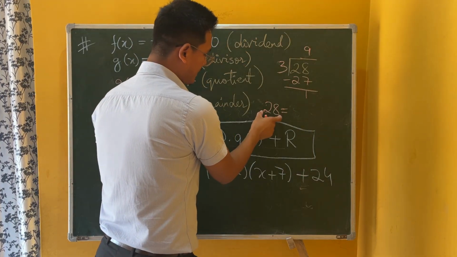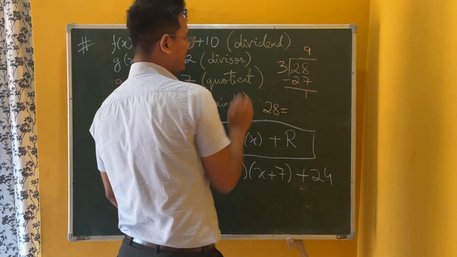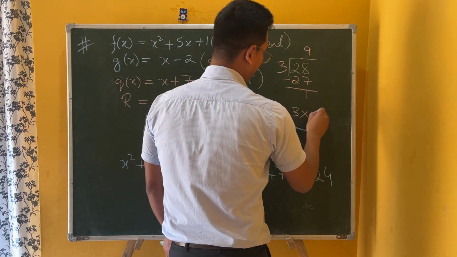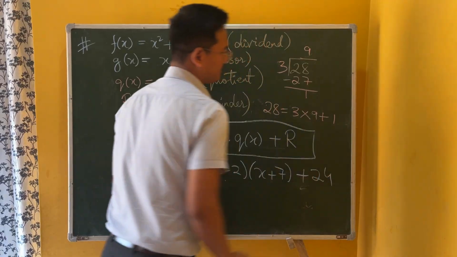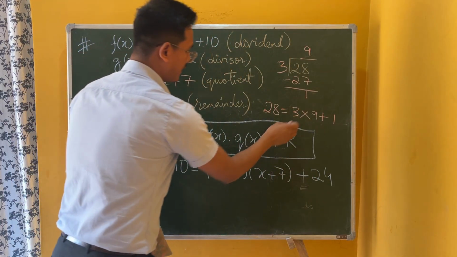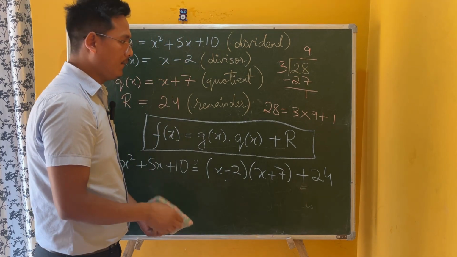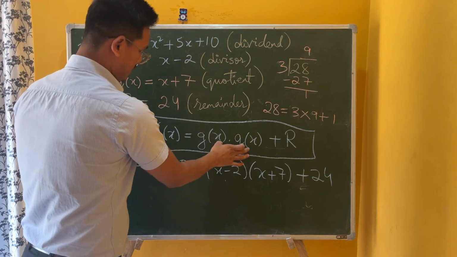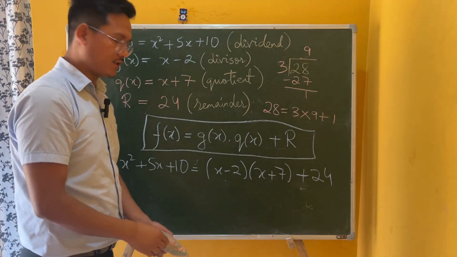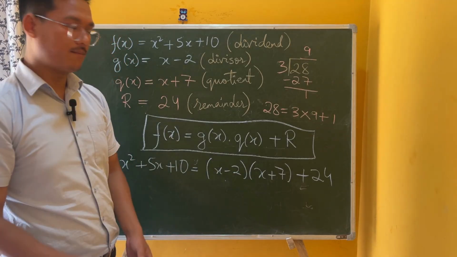Now you can write 28 with respect to the divisor 3 as 3 into 9 plus 1. The same rule is working here. So this rule is what comes into the picture while doing the remainder theorem. Now we'll move on to the remainder theorem.